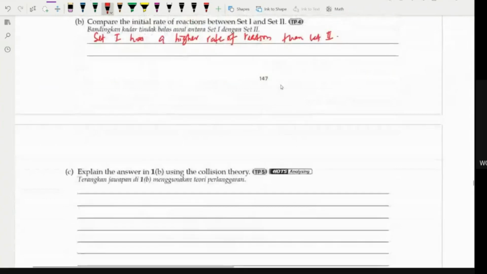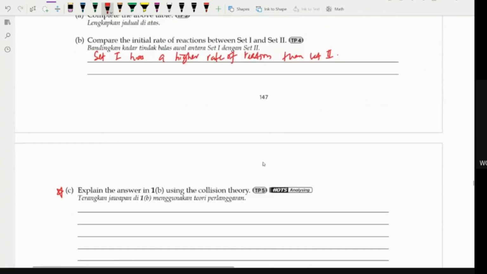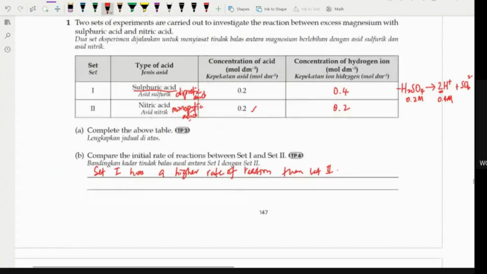So explain the answer based on the collision theory. I think we have discussed this one just now, the sulfuric acid one. It will be the same. The colliding particles will be magnesium atoms colliding with hydrogen ions from the acid.